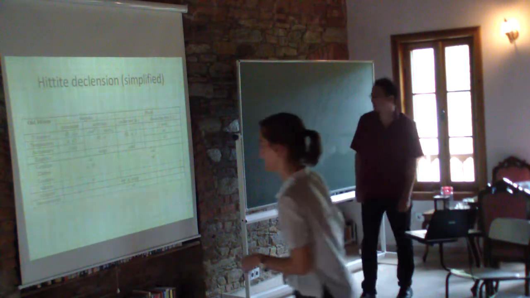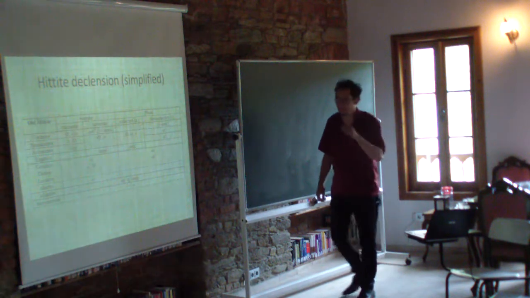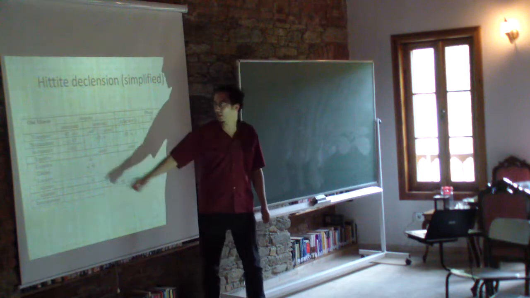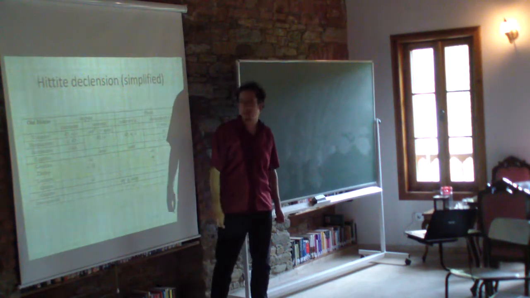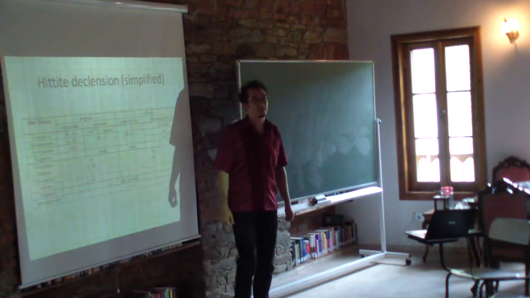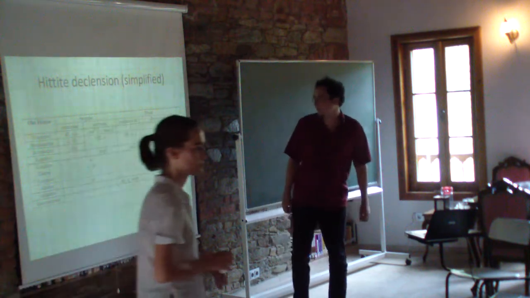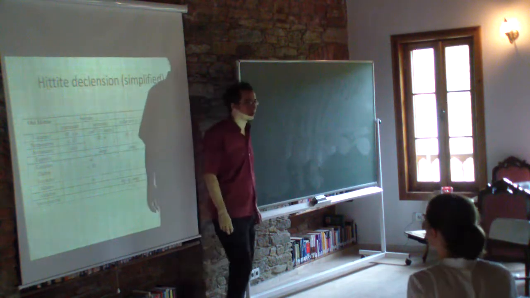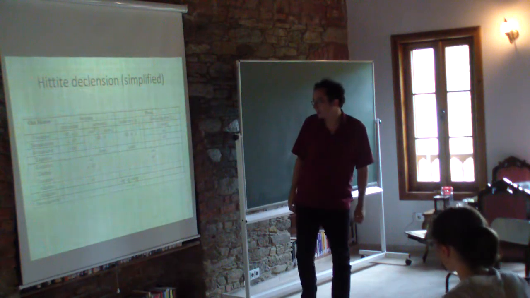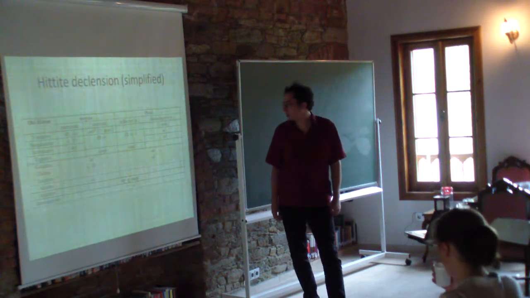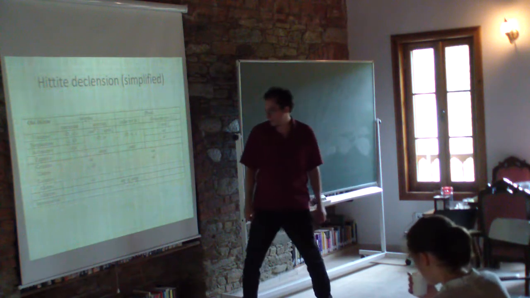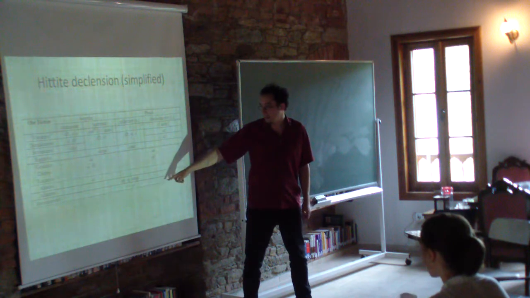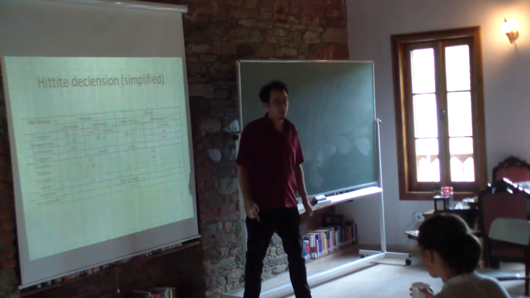Hittite declension, simplified, but you have to observe here, as I mentioned, there is no feminine; there is a so-called common, a non-neuter, and a neuter form. Again, what you also have is a special case ending, the ergative, which I will talk about later. And you also have to observe the lack of distinction of ablative and instrumental in singular and plural.